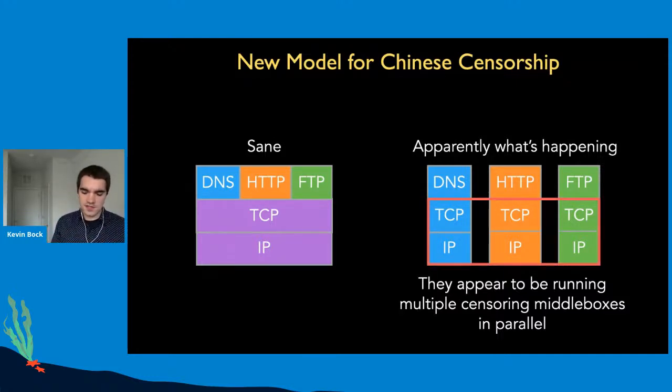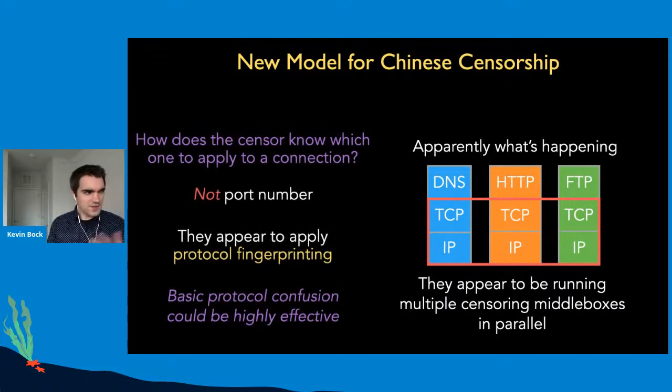This also raises the question of how the sensor knows which one to apply to a connection. If anyone's played with the Great Firewall, you know that it's going to catch you no matter which port you use. So what appears to be happening is some form of protocol fingerprinting. When a connection goes out, all of their censoring middleboxes in parallel are tracking your connection.